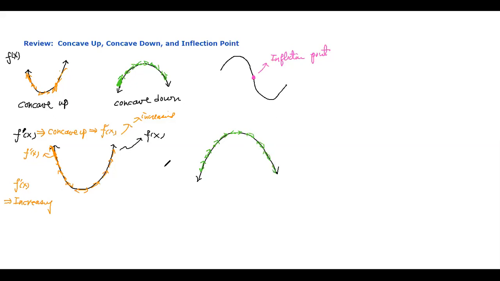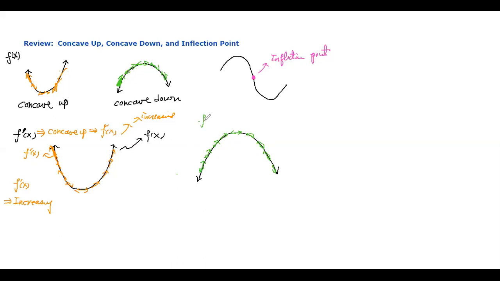Okay, so as you can see, when I first start here, my slope is very steep, so it's positive, very steep. Then gradually the slope gets less and less positive, then finally reaches 0. Then the slope of those tangent lines starts to become negative, and more and more negative.